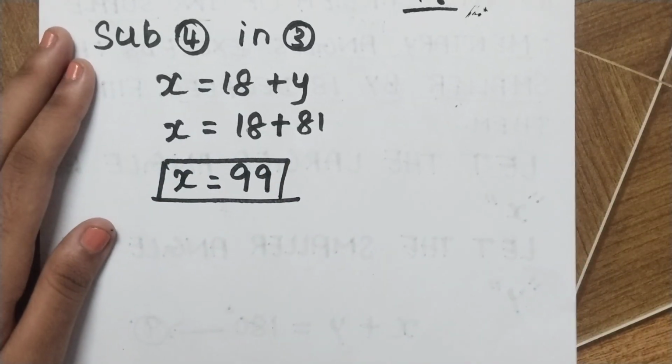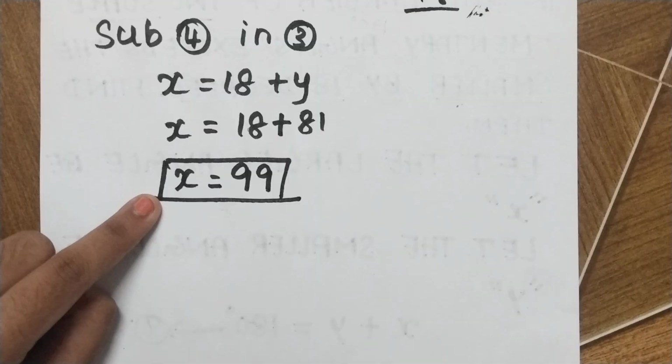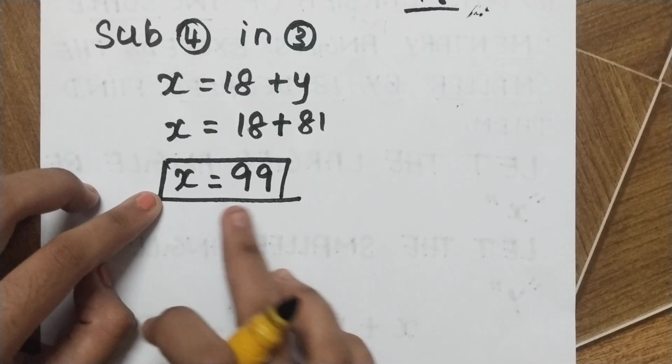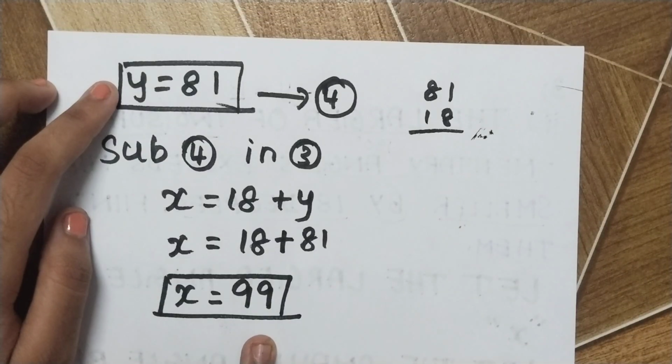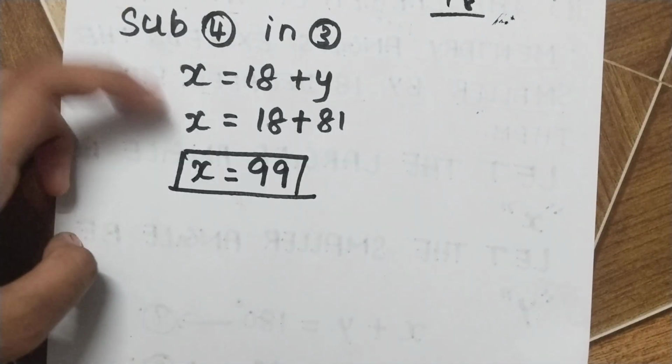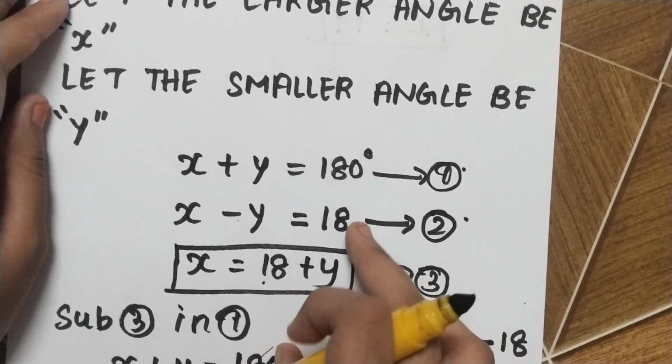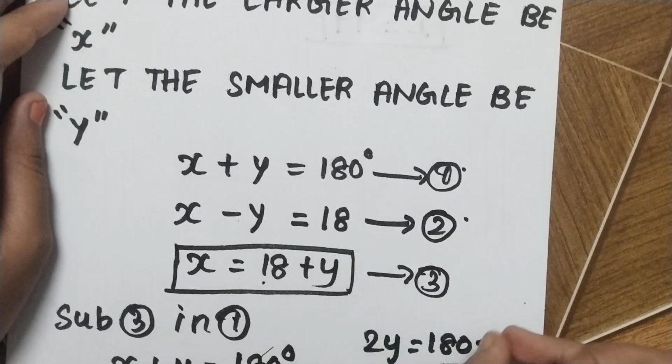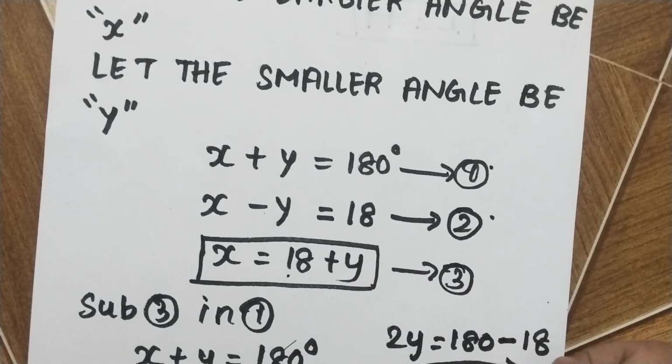Okay. So x is my larger angle, right? x is greater here, y is smaller. So my answer is correct, right? If I substitute both these values in any one of the equations, it will satisfy. If it satisfies, then our solution set is correct. Clear?